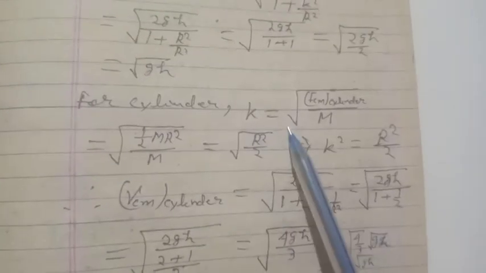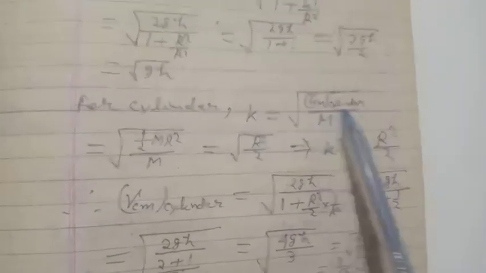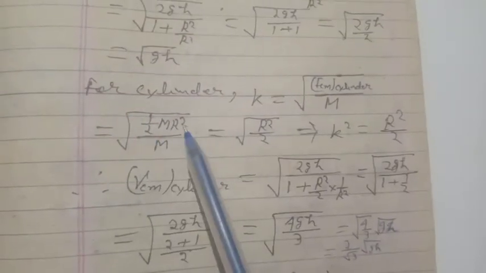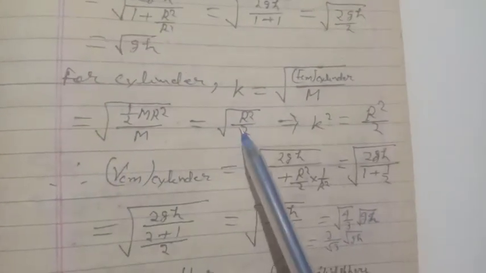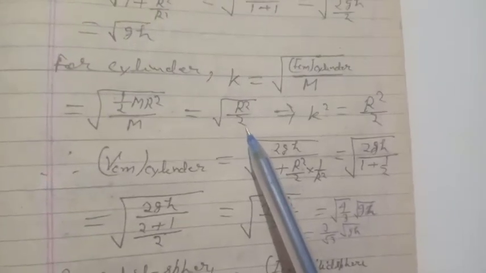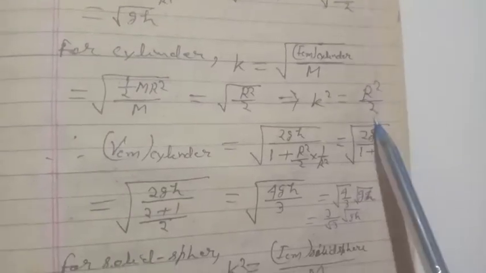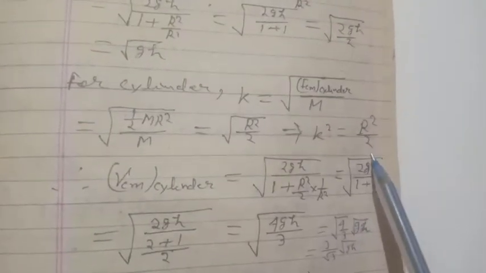Now for the cylinder, k equals under root ICM of cylinder by m, under root 1 by 2 mr square divided by m, under root r square by 2. Hence k square equals r square by 2.